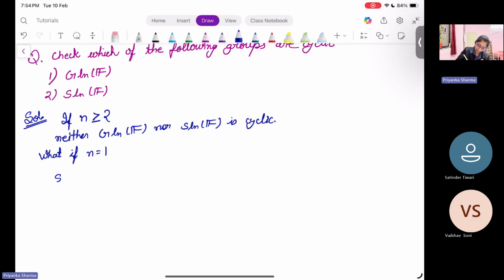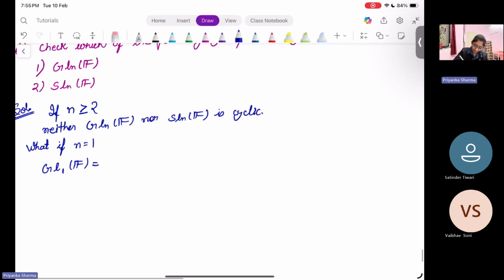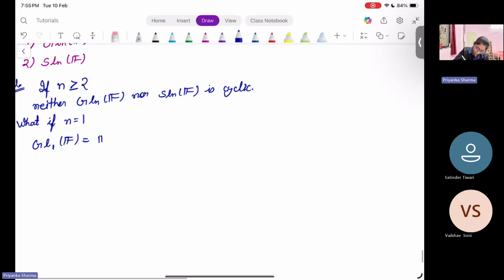If n is 1, then let's do it one by one. What is GL_1(F)? GL_1(F) means all 1 by 1 matrices which are invertible over F. 1 by 1 matrices means a single element. So it means all those elements of F which are invertible, which are units.